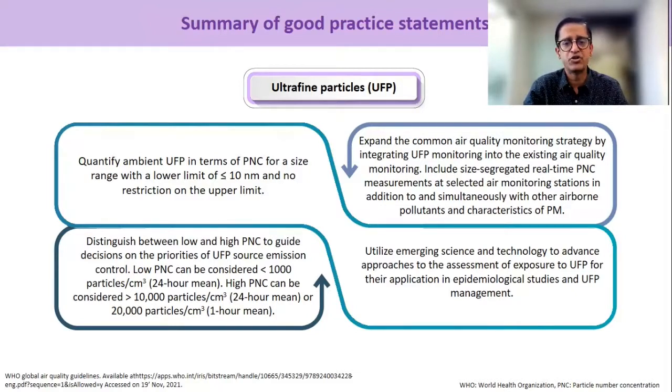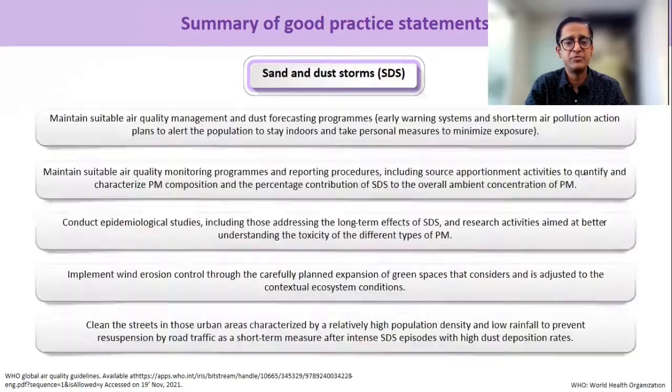Again, the World Health Organization recommends that you monitor air quality, you look for ultrafine particles that are existing, and you add this to the other existing measurements that we have spoken about. It's important to utilize science and technology, they have said, to advance approaches to the assessment of exposure to ultrafine particles and for use of these in epidemiological studies for management.